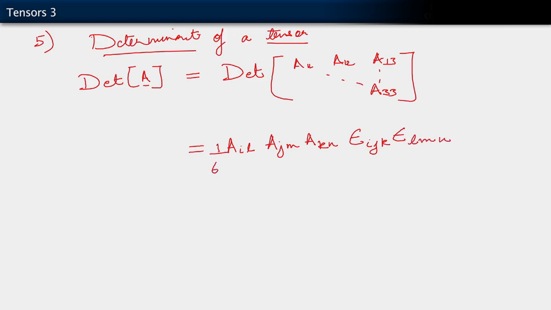One-sixth of this quantity is the determinant of A. Observe what's happening here. We have AIL, AJM, AKN multiplying epsilon ijk, epsilon lmn. If you look at this carefully, you will observe that every single index is repeated. So the result is a scalar because there is a sum implied over all those indices. This is how we write out the determinant of a tensor.